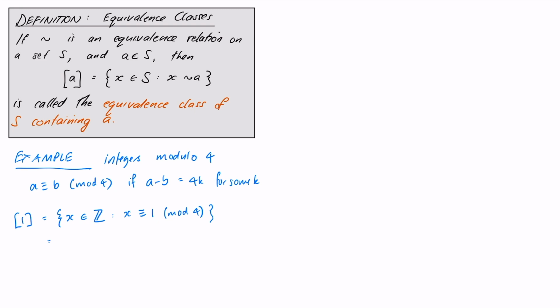That means it's the set of all x in the integers such that x minus 1 equals 4k for some k in the integers. And so you can see that these are just going to be all the numbers that differ from 1 by a multiple of 4. If I were to sketch this out, it would be -7, -3, 1, 5, 9, etc.